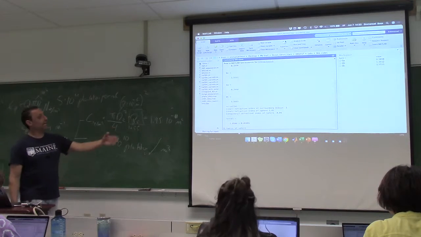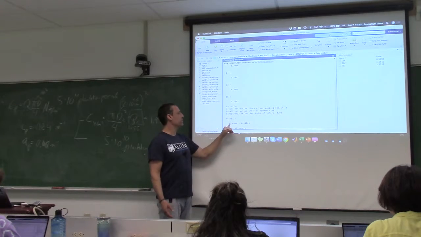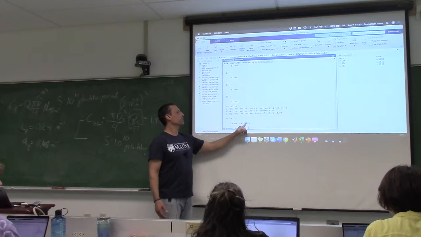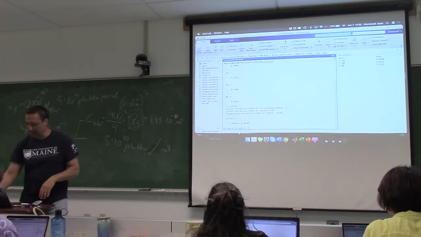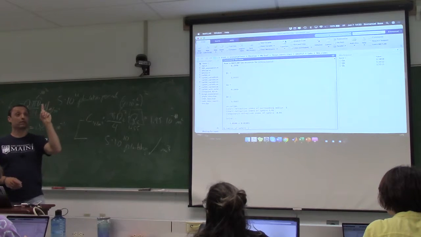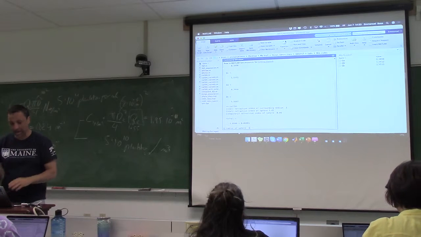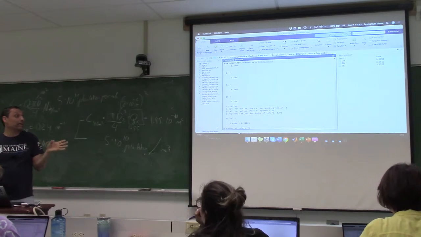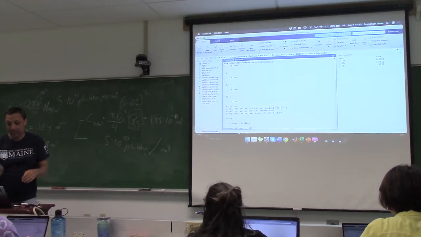It spits back: your refractive index relative to the medium is 1.05 plus 0.01i. Good. Radius of the sphere: radius is 1, because we did diameter 2 before. We're doing it in micron. We could do it in nanometer, and then it would be 1,000. Let's do it in nanometer, just so you see it's the same.